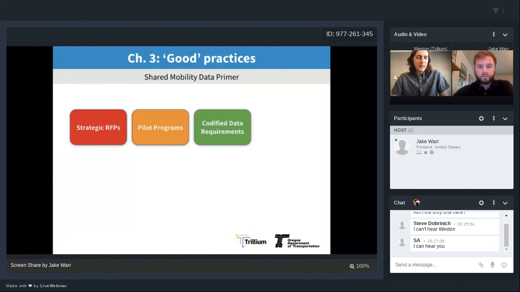And then we also talk about codified data requirements. The purpose of including these data requirements when drafting regulations is really to ensure that these requirements are clear and enforceable. It also establishes a jurisdiction's general authority to impose data requirements as a condition of shared mobility operations.